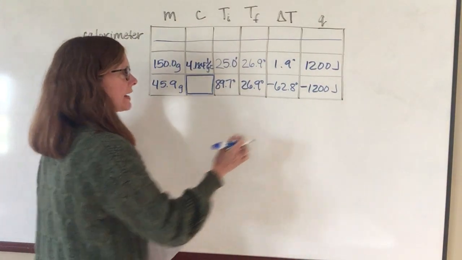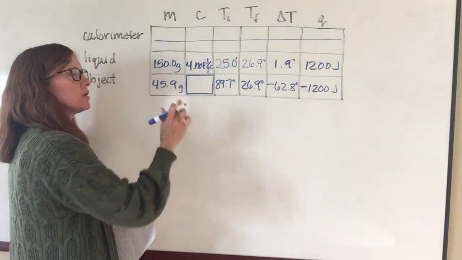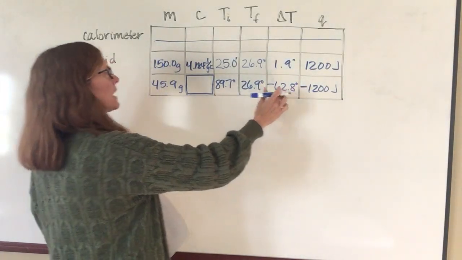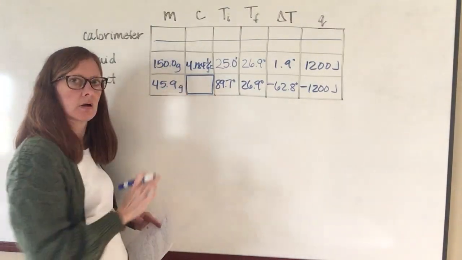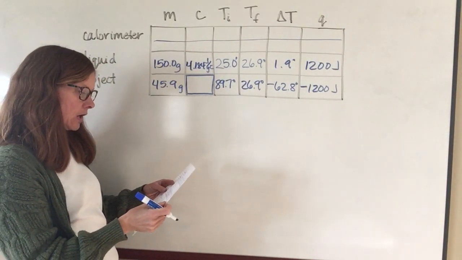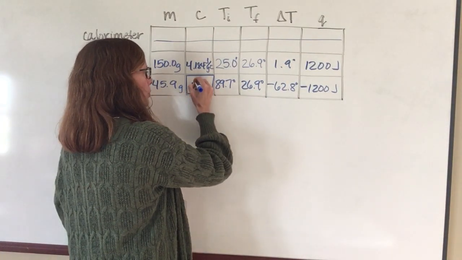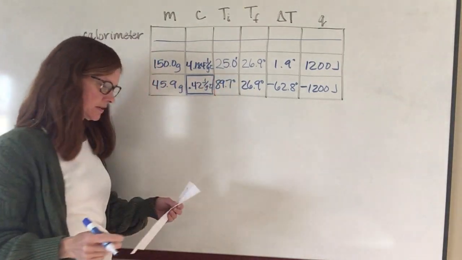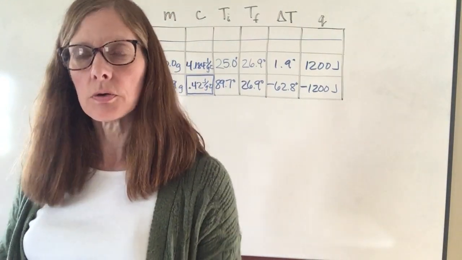So now I have a Q, and I have a delta T, and I have an M. So if I take negative 1,200 divided by negative 62.8 divided by the mass of 45.9, that will give me C. And so if I type that into the calculator and divide it out, you will end up with a heat capacity of 0.42 joules per gram per degree Celsius. And that answer should be the same one that he got, and it is. So we know that we did it right.